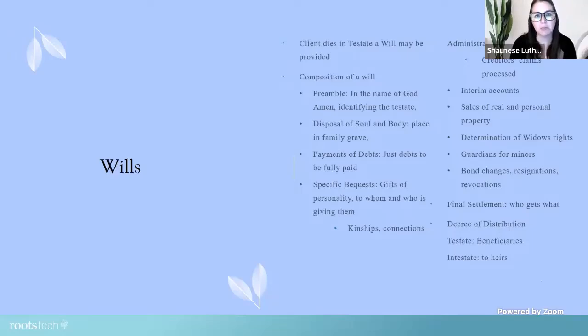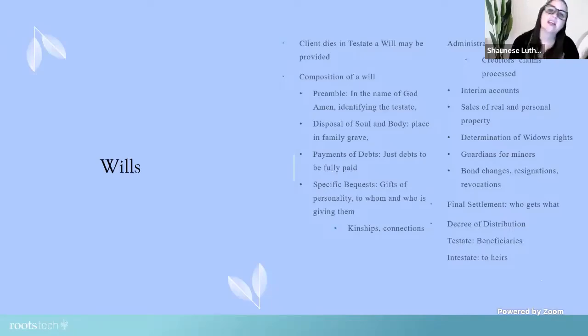So she doesn't get to keep the land. And then you have the guardian for minors. Yes, the children didn't just go straight to the mother after the father died. There had to be this whole process for her in order to get her children. And then you had the bond changes, the resignations, and the revocations. And then the final settlement, who gets what.